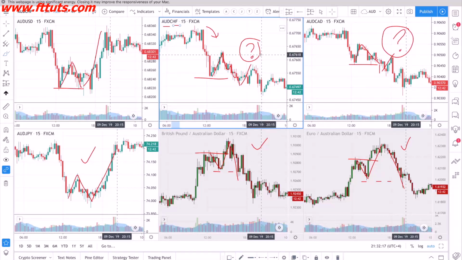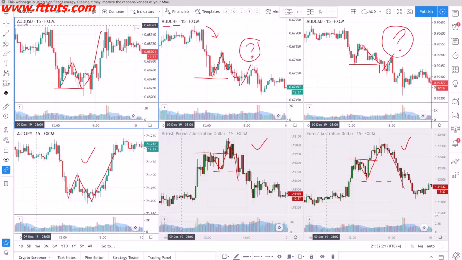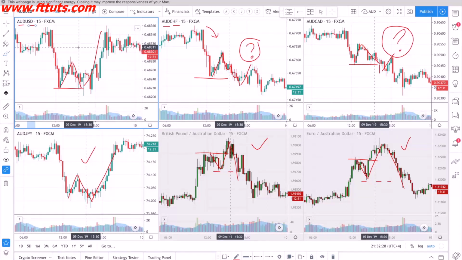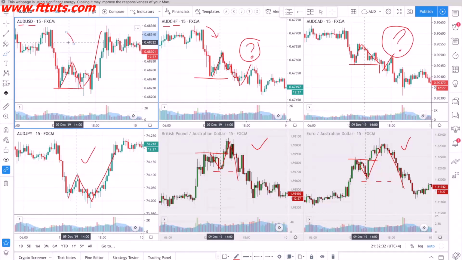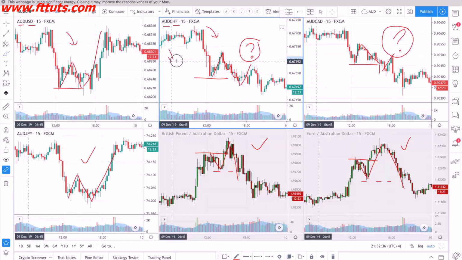If, for example, Aussie was weak and US dollar was strong, which means this chart is supposed to go down, you're going to say, you know what? Even though fundamentally I know this is supposed to go down, and even Aussie Swiss franc is supposed to go down, I'd rather choose Aussie Swiss franc because it's holding its weight properly.